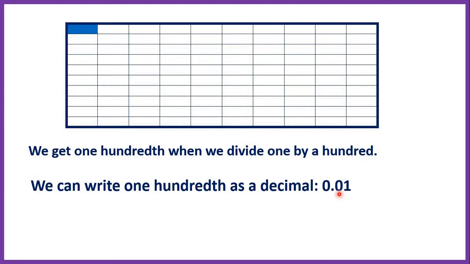Remember, the first digit after the decimal point tells us how many tenths we have, and then the second digit after the decimal point tells us how many hundredths we have. So what we've shown here is that 1 divided by 100 equals 0.01, or 1 whole divided by 100 equals 1/100th.